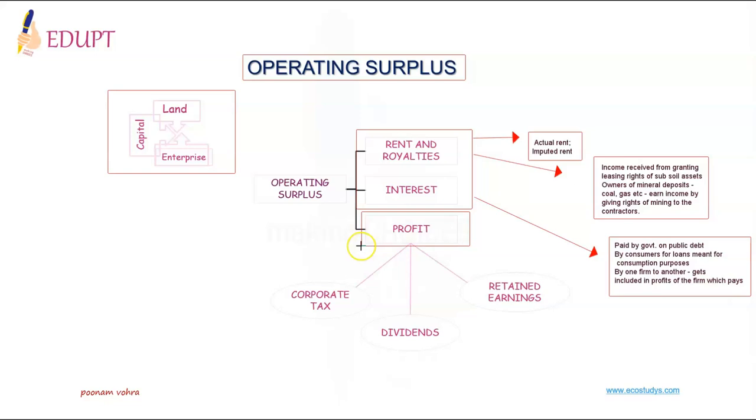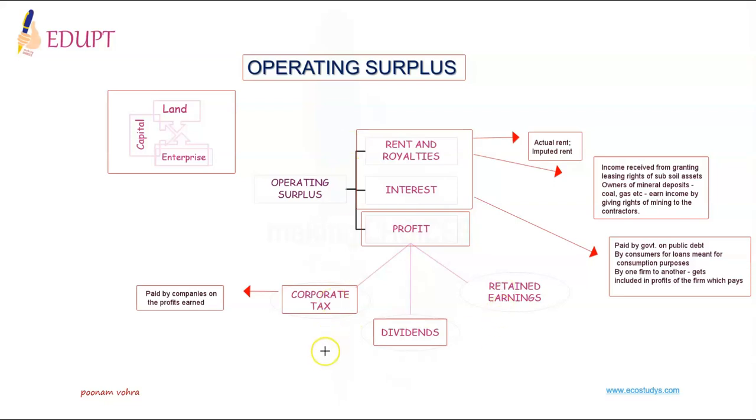So far as income from entrepreneurship is concerned, it comprises of profit which has three components. One, corporate tax, that is tax paid by the companies on the profits earned. Then is dividends to be given to the shareholders.